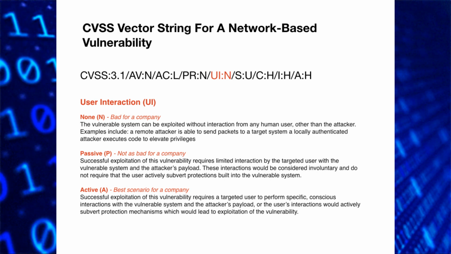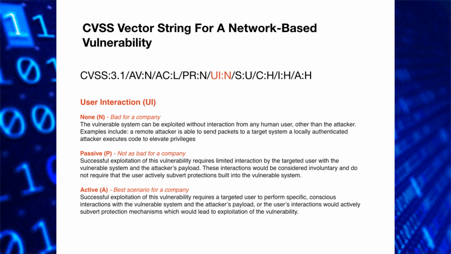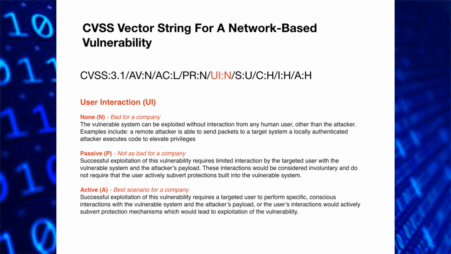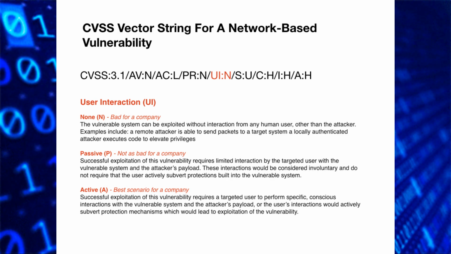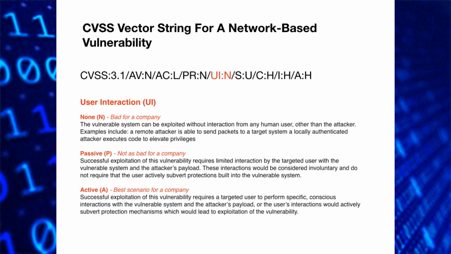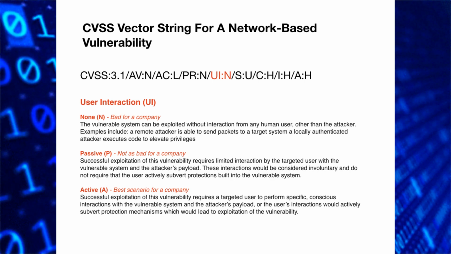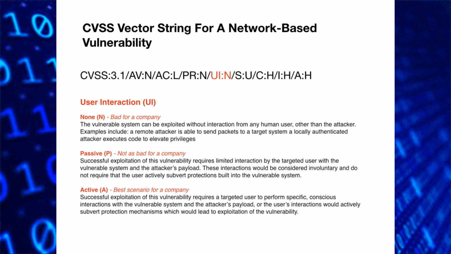Successful exploitation of this vulnerability requires limited interaction by the targeted user with the vulnerable system and the attacker's payload. These interactions would be considered involuntary and do not require that the user actively subvert protections built into the vulnerable system.